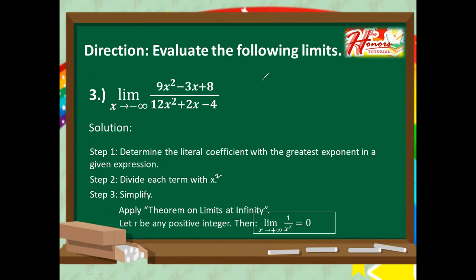It will become limit of 1 over x raised to r is equal to 0 as x approaches negative infinity. As you can see, this part changes, but the theorem is still the same. So let's do that for number 3.